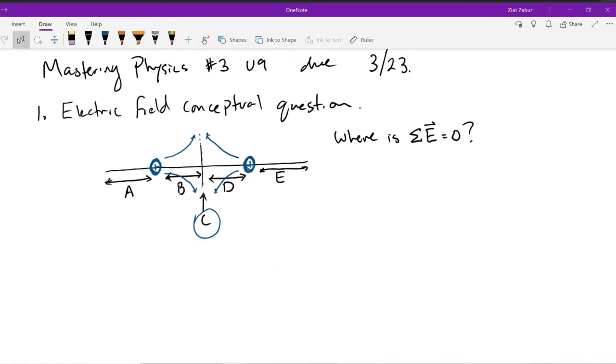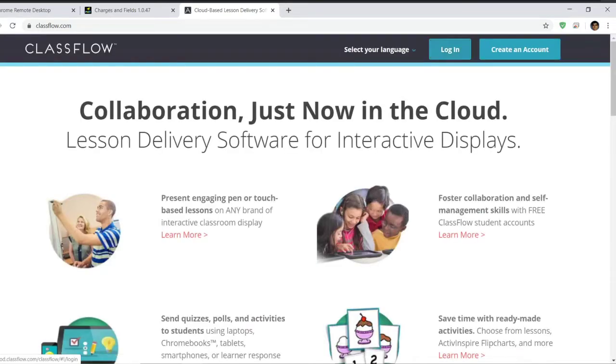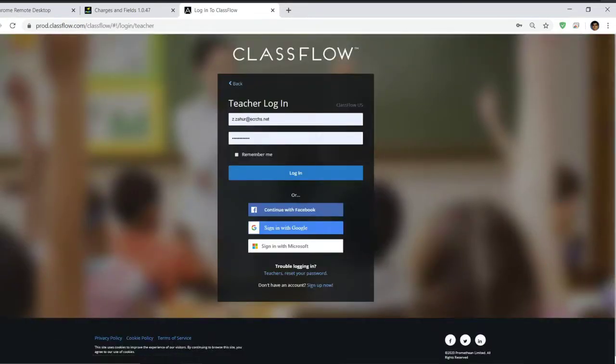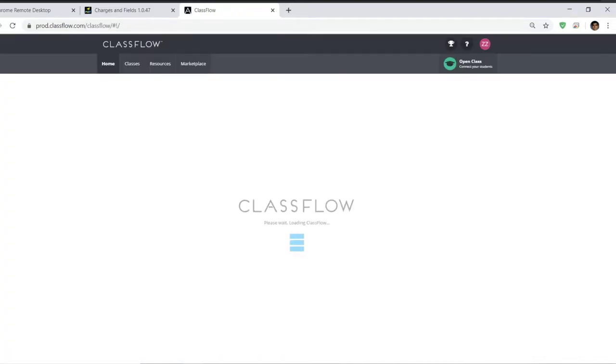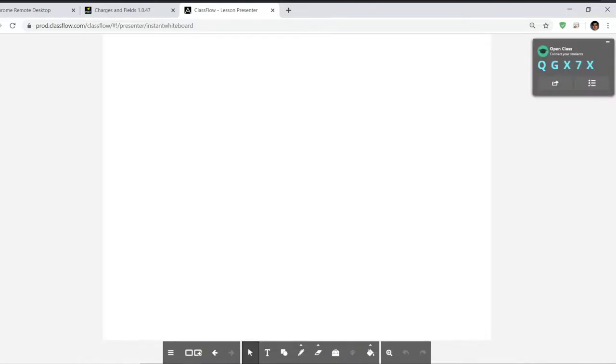Okay, let's do a couple more examples. And if you're with us, go ahead and log on to ClassFlow. I will ask some ClassFlow questions. So I'm going to log into my ClassFlow. All right, and so we'll do some multiple choice. Connect your students. Do you guys remember the password?